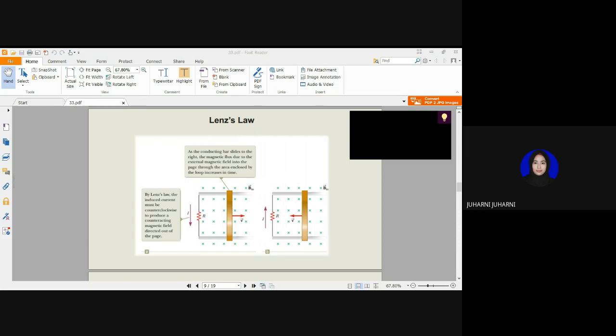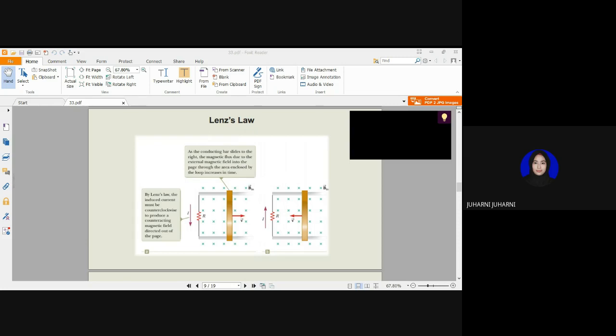Lenz's law states that the induced current must be directed so that the magnetic field it produces opposes the change in the external magnetic flux. Because the magnetic flux due to an external field directed into the page is increasing, the induced current, to oppose this change, must produce a field directed out of the page. Hence, the induced current must be directed counterclockwise when the bar moves to the right.